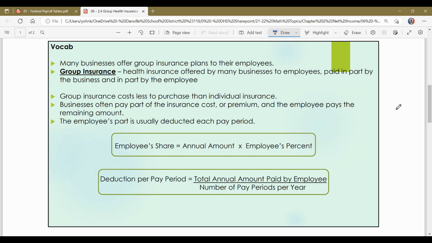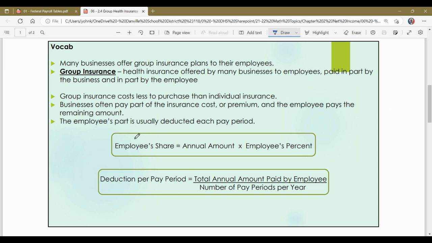Group insurance costs less to purchase than individual insurance. And you can get health insurance, vision insurance, dental insurance. You can also get other insurances like short term insurances like AFLAC or other part time insurances added on.